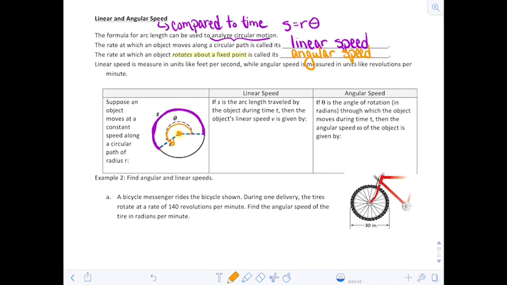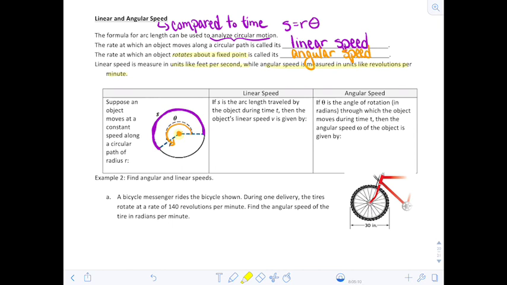We're not going to measure angular speed with feet or inches because we're just simply turning. So angular speed is measured in revolutions. Whereas linear speed is measured in feet per second, something like that, angular speed will be measured in revolutions, maybe per minute, maybe per second, maybe per hour. But we're measuring theta, which is rotation.